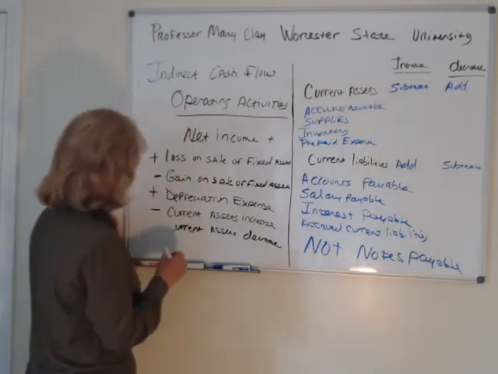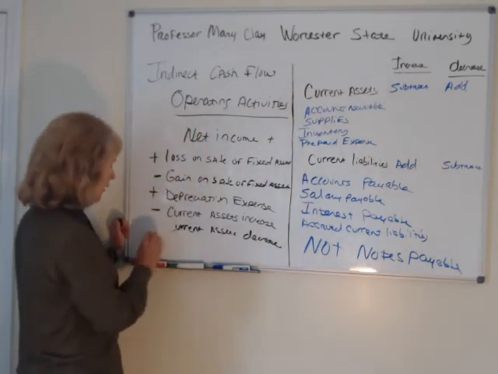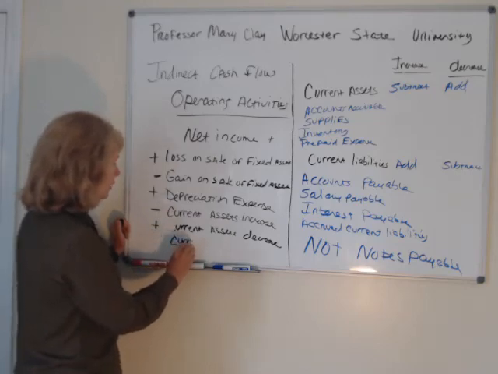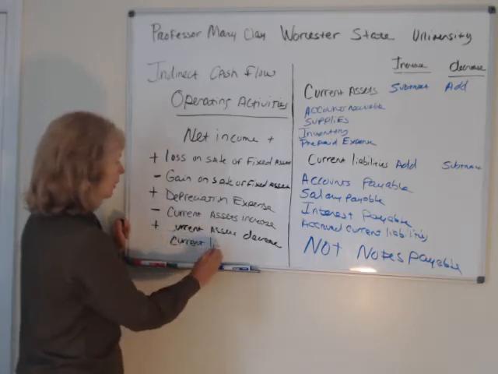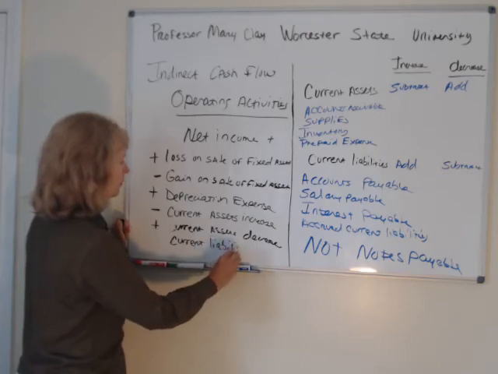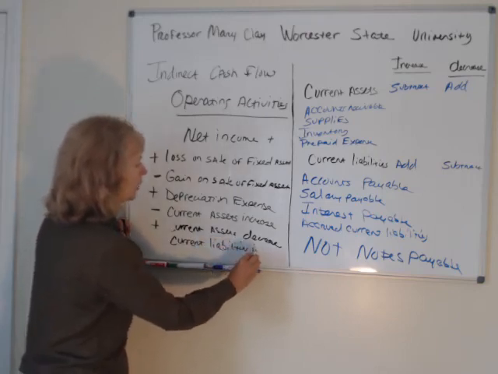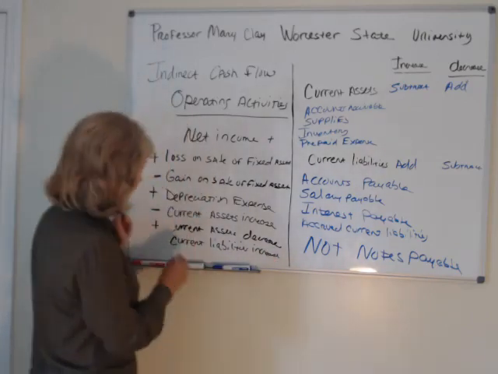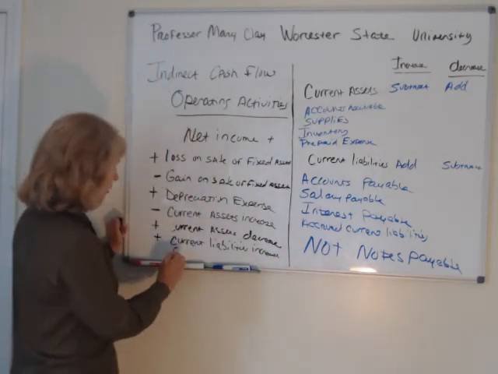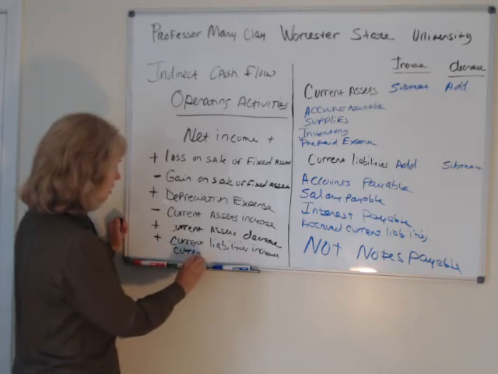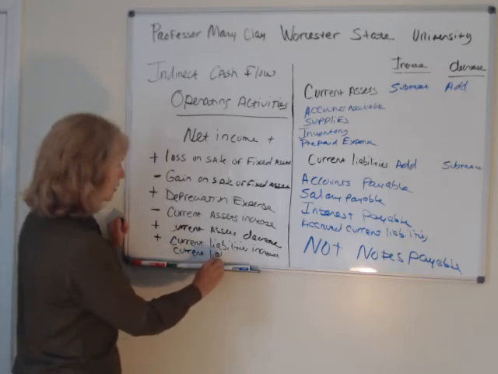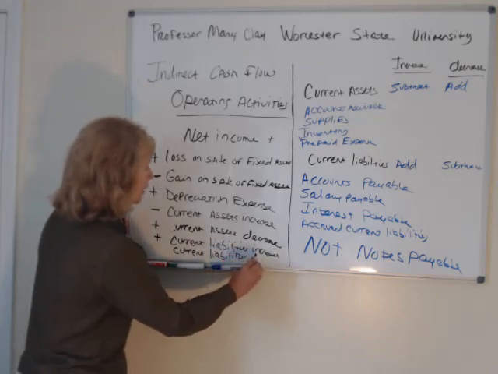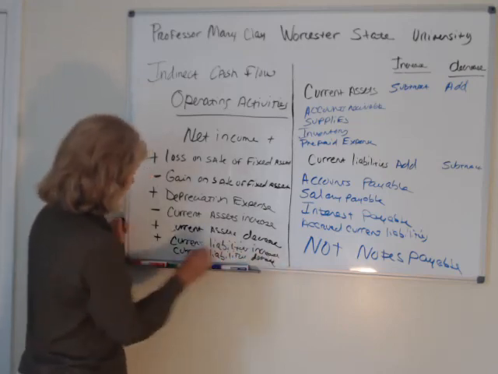Right, you're going to add because they're not logical. They decrease, opposite. All right, if current liabilities increase, they're logical. You're going to add. If current liabilities decrease, they're logical, you're going to subtract.